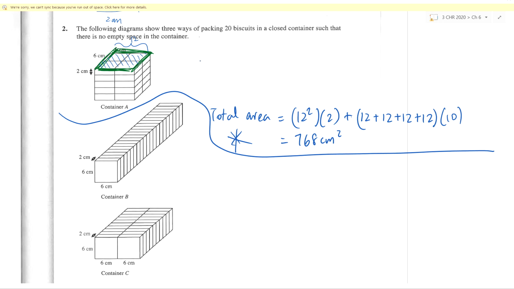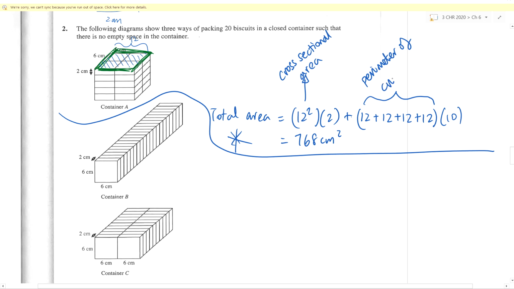Okay, please work with me over here. Everybody look at the screen or lectures. Write down, this is for the cross-sectional area. It is always the cross-sectional area times 2, because it is repeated top and bottom, front and back, always repeated. This portion is known as the perimeter of the cross-section area.